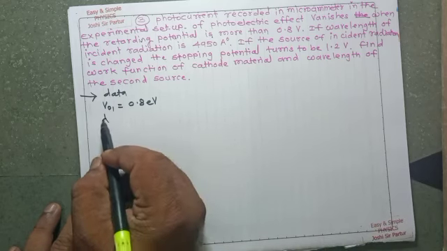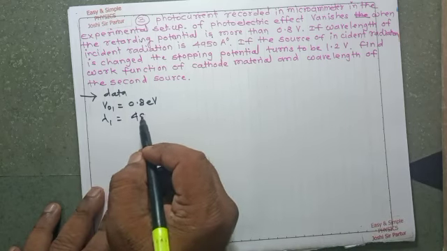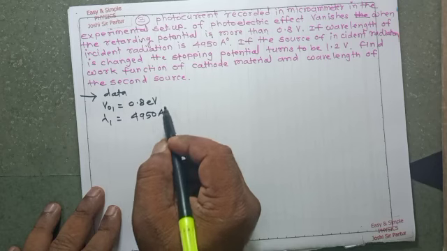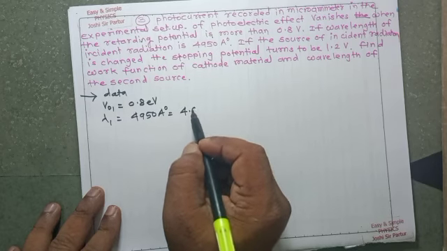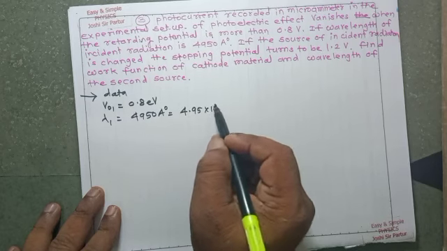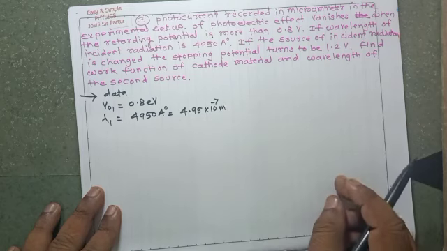Wavelength lambda 1 is given as 4950 angstrom unit, that is 4.95 into 10 to the power minus 7 meter.